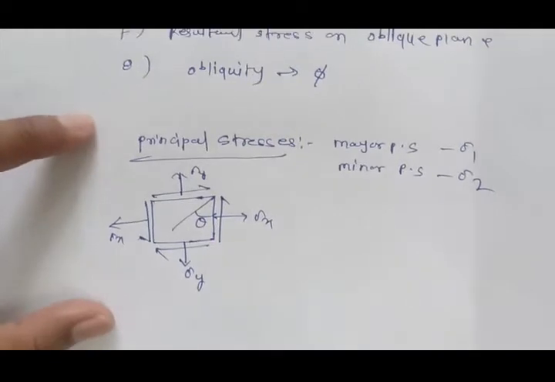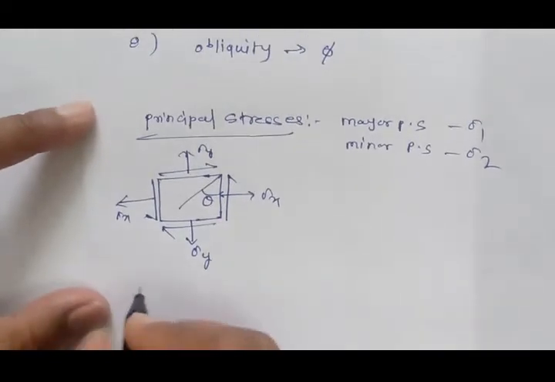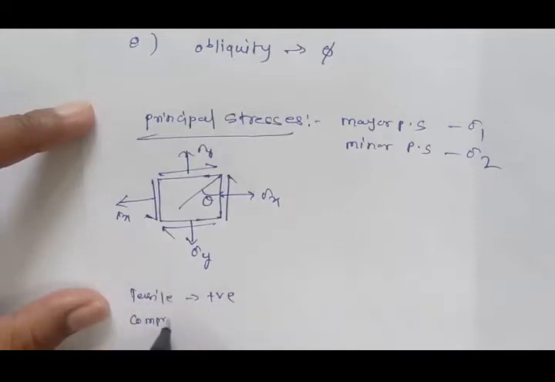So our sign convention was that tensile we take positive, compressive we take negative, clockwise movement of the shear stress we take positive, and anti-clockwise motion of the shear stress we take negative.